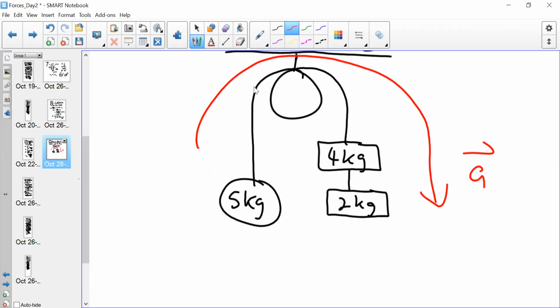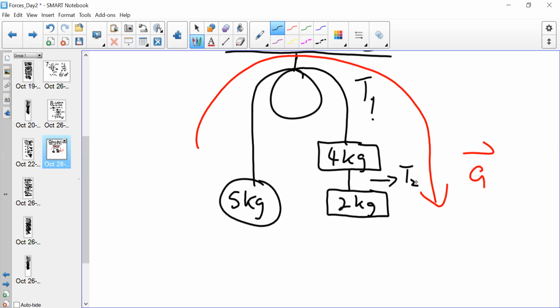So the tension going up is going to be balanced by the weight coming down on both sides. We have 2 strings this time, so we'll call them T1, and then this is going to be tension T2.